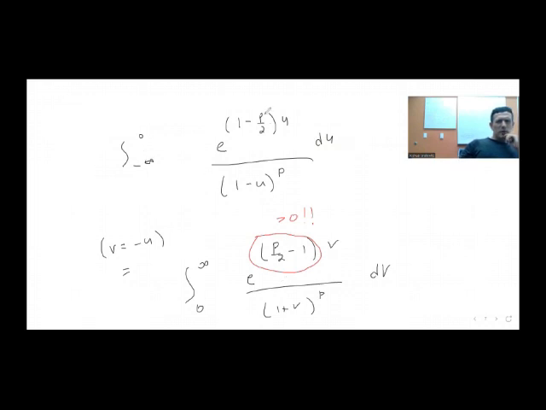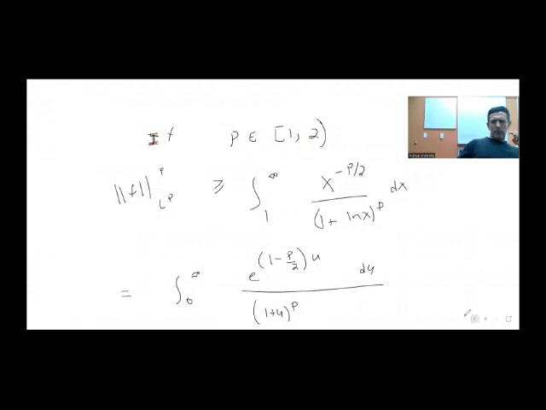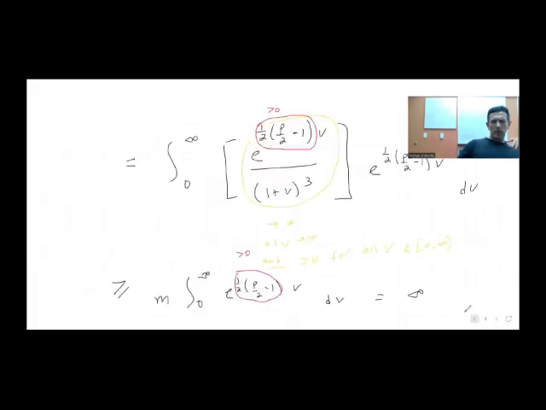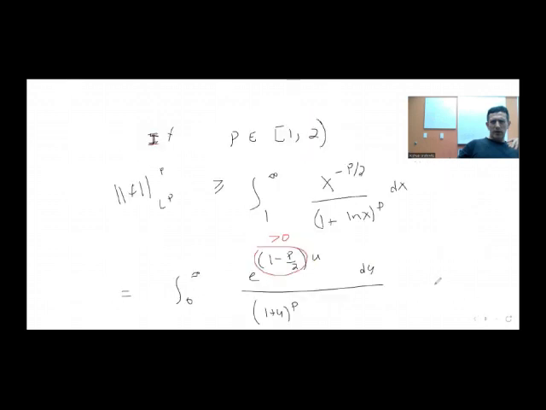We were going from minus infinity to 0, and what was in front of the u was a negative constant, so when we did the u substitution that made this positive when p is bigger than 2. But when p is between 1 and 2, this by itself is positive, since 1 minus p over 2 is positive. And so going from 0 to infinity it's the exact same thing. I'm not going to repeat the arguments. Basically just break this up like we did here, and you get this as infinity.